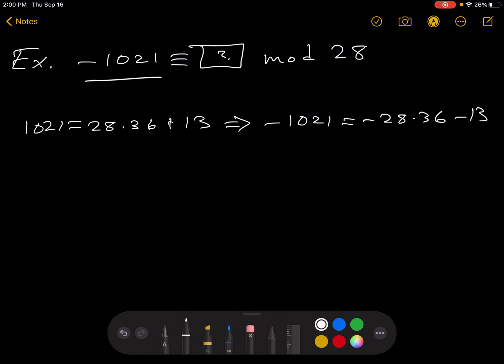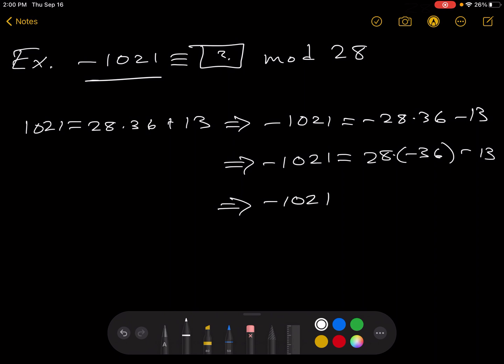Don't forget to distribute. So negative 1021 equals 28 times negative 36 minus 13, which tells us that negative 1021 is congruent to negative 13 mod 28.